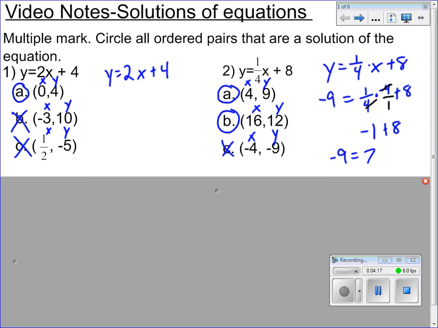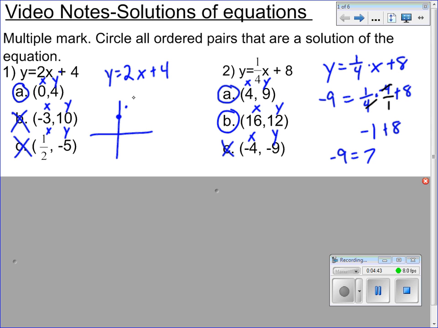What we found out with each one of these solutions is that when we graph this line, these are actually going to be points on the line. That's what it means to be a solution. So when we graph y equals 2x plus 4, you would go up 4 and then go up 2 over 1, up 2 over 1.